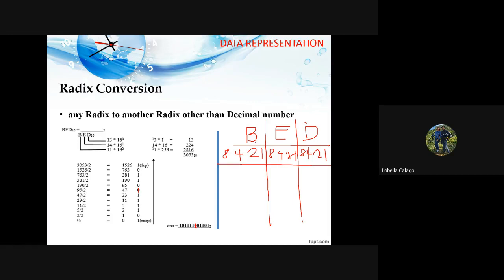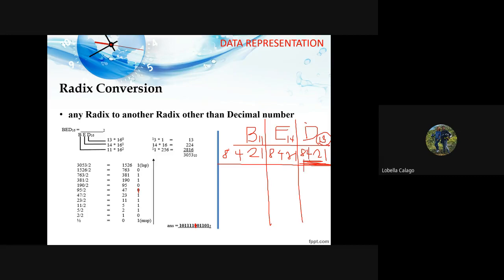Ngayon, we all know that A is 10, B is 11, C is 12, D is 13, and E is 14. Okay, anong kailangan natin dito that can give us 13 pag i-add? So we need 8.